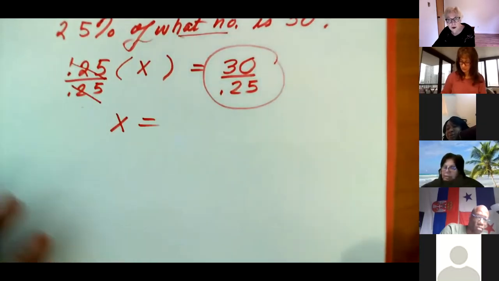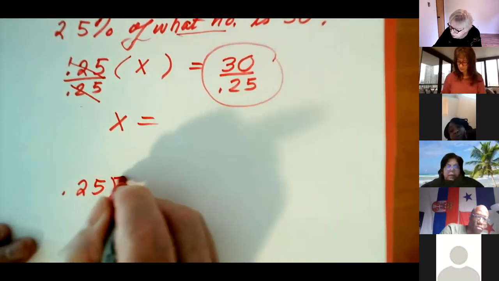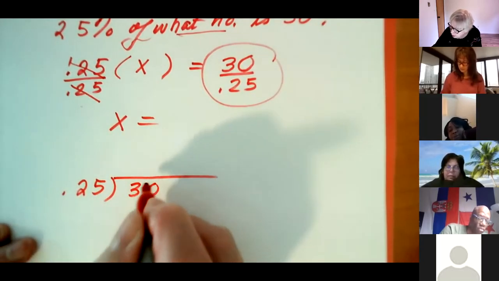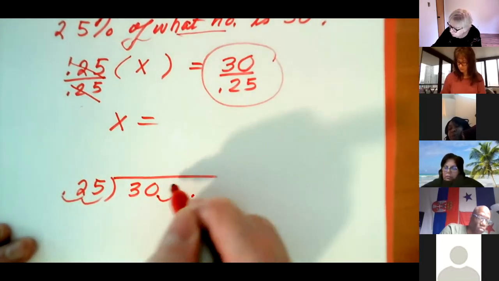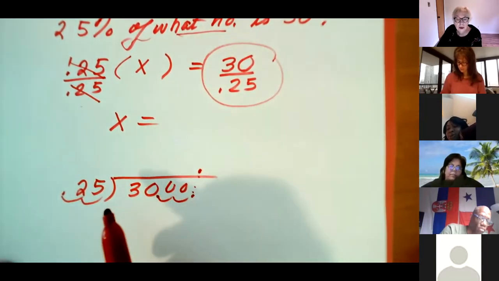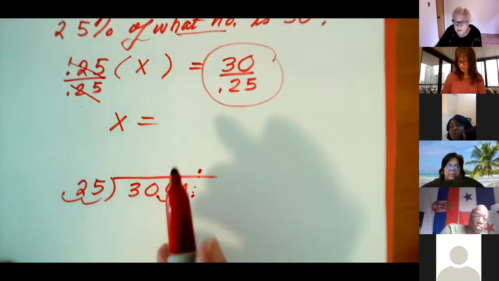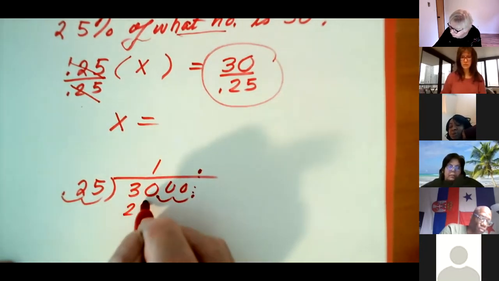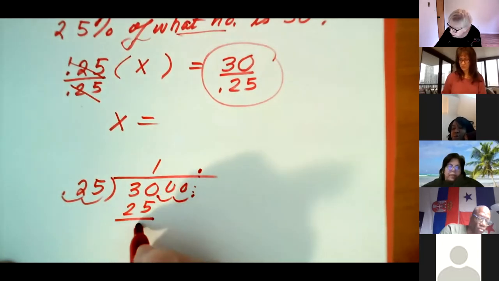This is very similar to the last problem we did. The 0.25 is on the outside. 30 is on the inside. 1, 2, 1, 2. So this amounts to 25 into 3,000. 25 into 30 is 1. I'm going to subtract.